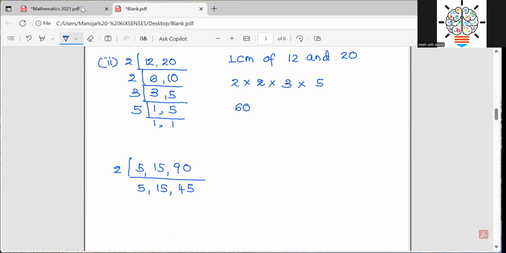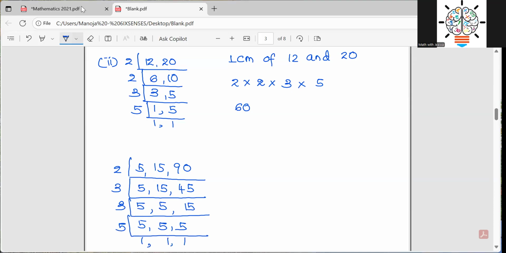And then we can divide this by 3. 5 is not divisible. 3 times 5 and 3 times 15. I can divide this again by 3. 5 and 5 I keep as it is, and this one also 5. And then this one, it is 1, 1, 1.